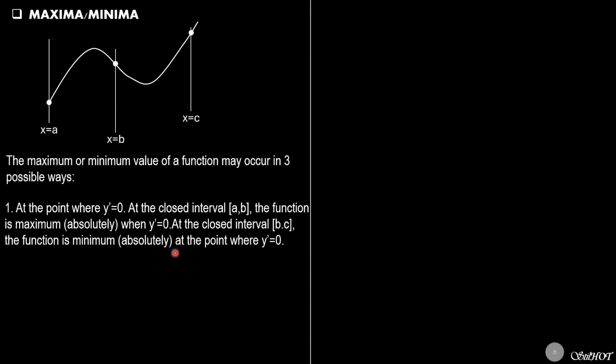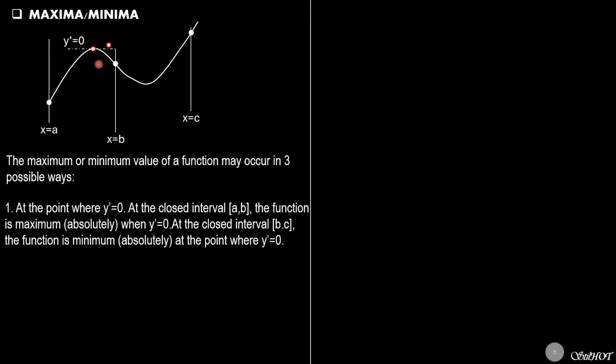So at the closed interval AB here, the function is maximum absolutely when y prime is 0. The slope here is 0 and it is the highest. So that's why it is the absolutely maximum point. At the closed interval B to C, this point is the lowest. So we say that the function has absolutely minimum value at this point where y prime is 0 also.